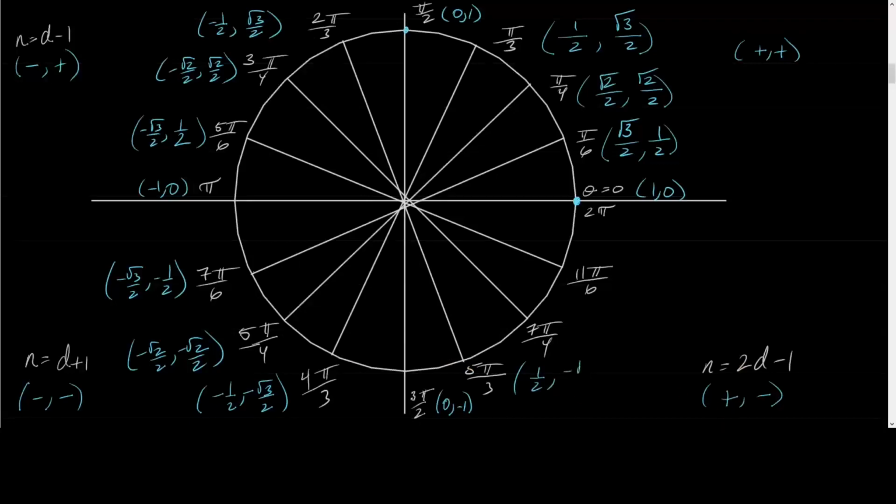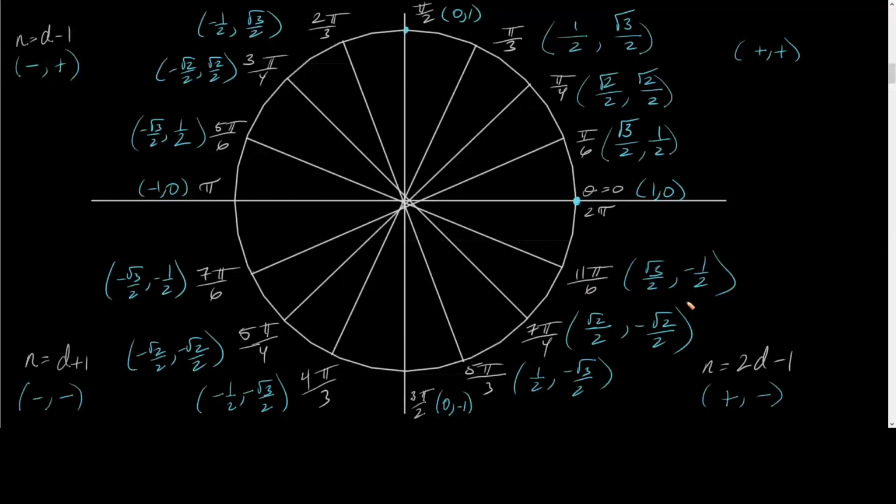The y value stays negative here. For 7 pi over 4, the x value is positive, so we have radical 2 over 2, and the y value is negative, so negative radical 2 over 2. And finally, this coordinate up here is going to be positive radical 3 over 2, comma, negative 1/2.